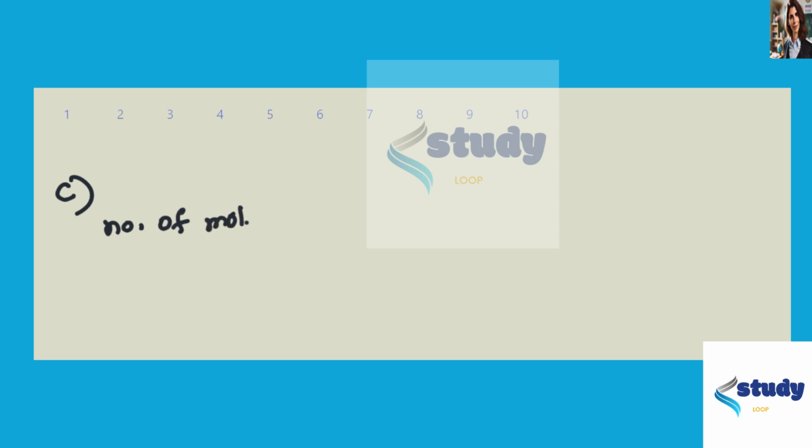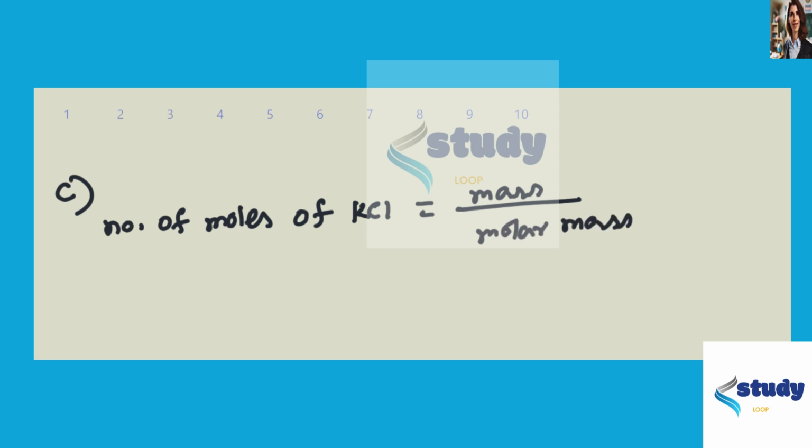To find out the concentration of KCl, first you have to find out the number of moles of KCl, which is mass of KCl over its molar mass.